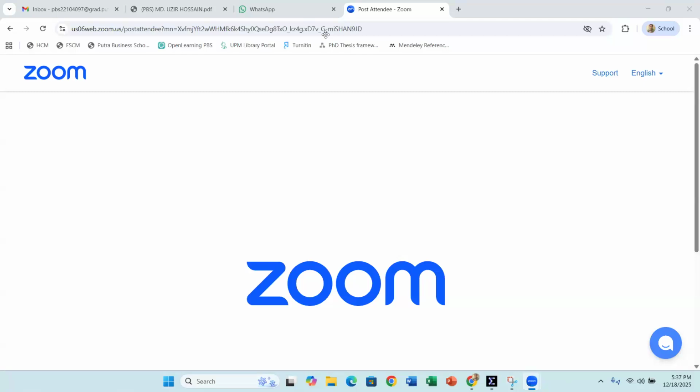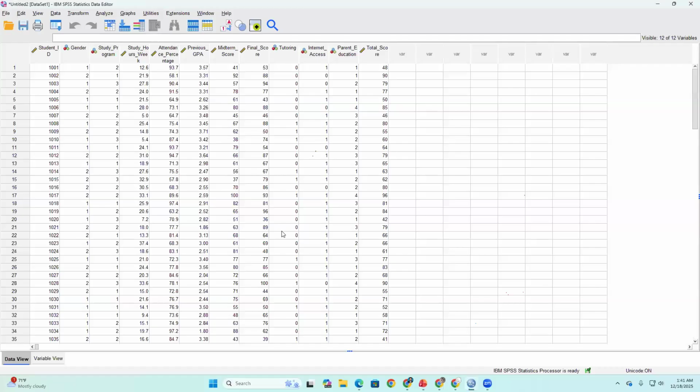I have clicked the... oh, someone else? What happened? Someone else has shared the screen. Whoever is sharing screen, please close that screen. Let me stop share and start again. Who is sharing the screen?